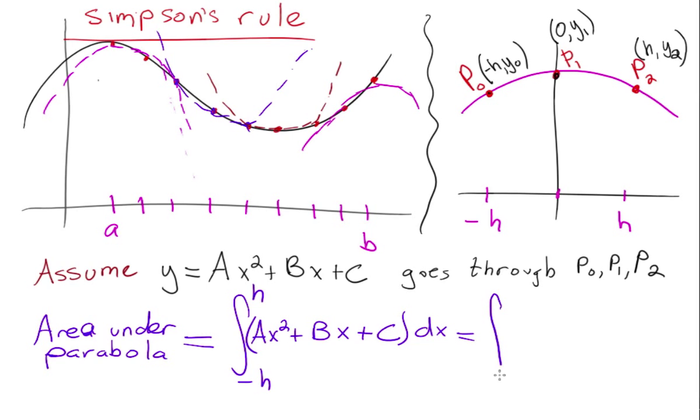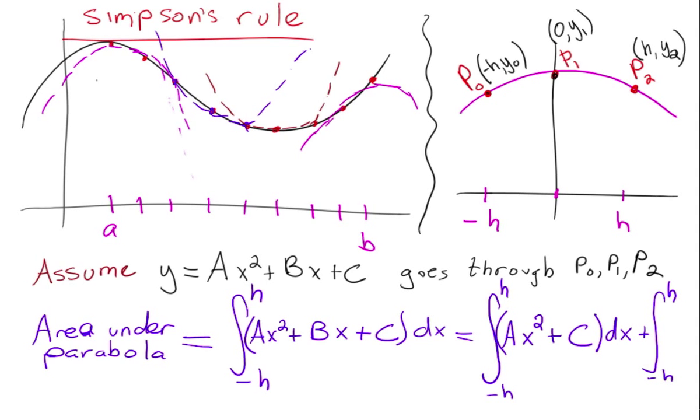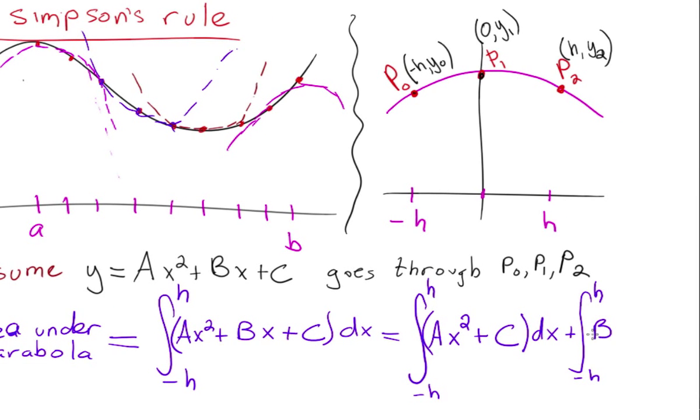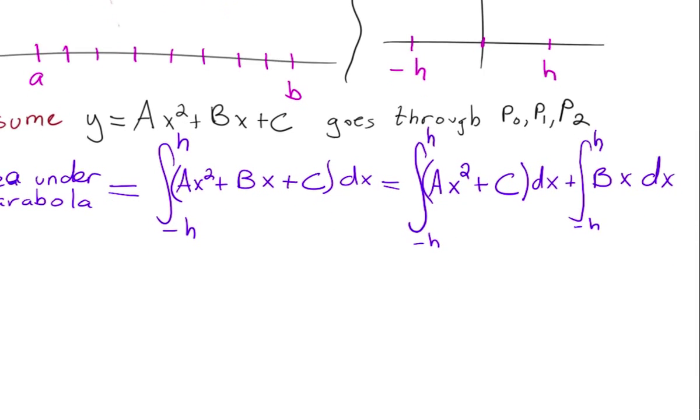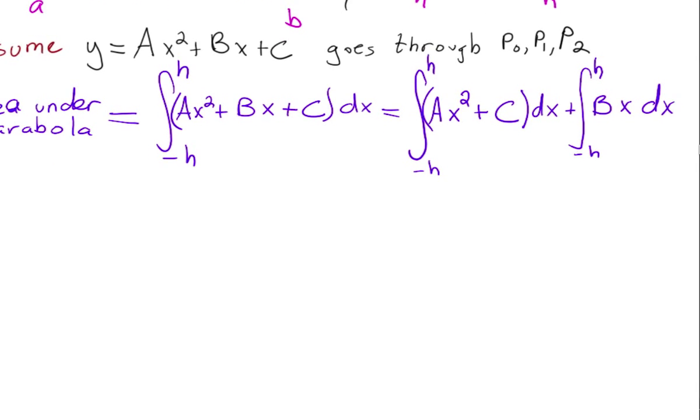Let's say we break this up into the integral from negative h to h of ax squared plus some constant c dx plus the integral from negative h to h of bx. Now you ask, well, why would you do something like that? That doesn't make any sense whatsoever. But what do you notice?